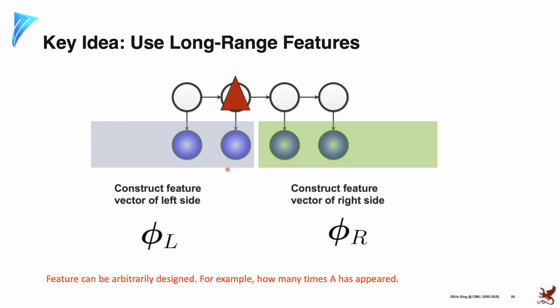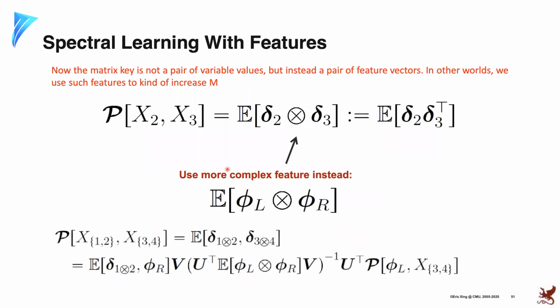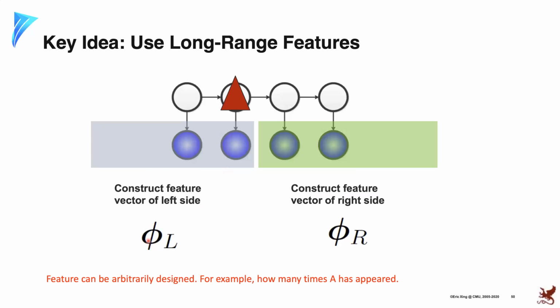For example, in our previous example, we can decide this left-hand side feature vector as how many times a has appeared. Similarly, for this x3, we can use the right-hand side feature vector to represent its current state. Again, it can be how many times a appeared, and the window size can vary.